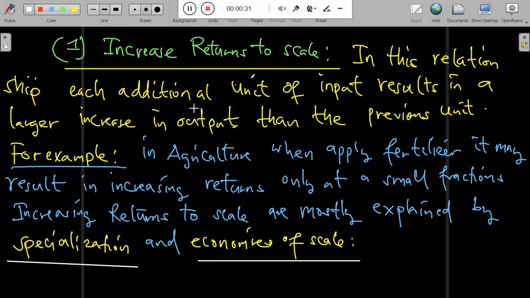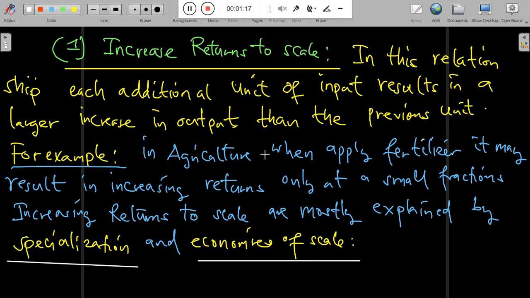Increasing return to scale, in this relationship, each additional unit of input results in a larger increase in output than the previous unit. For example, in agriculture, when we apply fertilizer, it may result in an increase in returns only at a small fraction. Increasing return to scale is mostly explained by what is known as specialization and economies of scale.